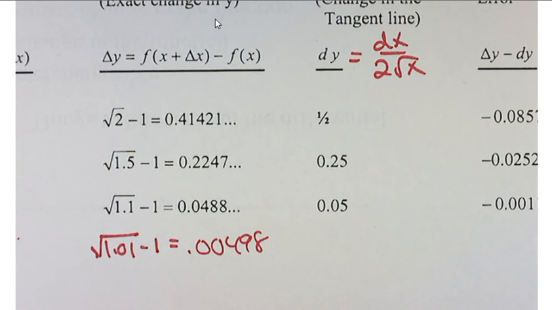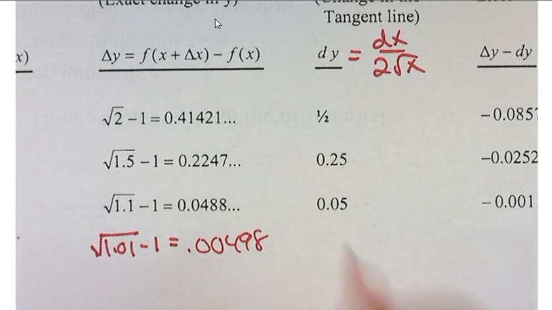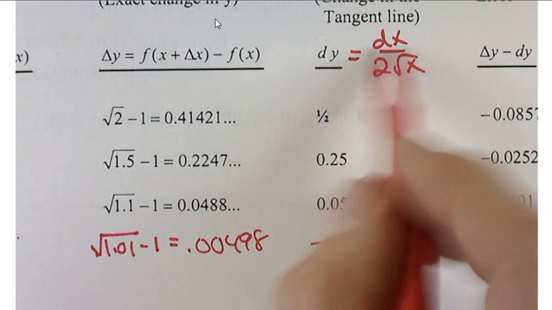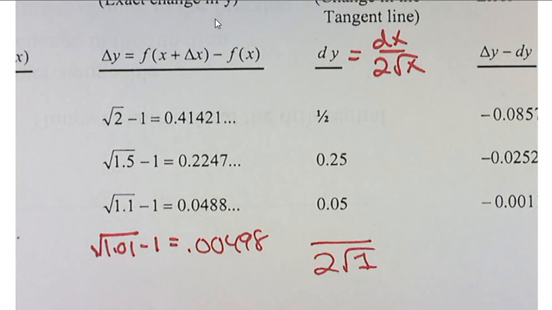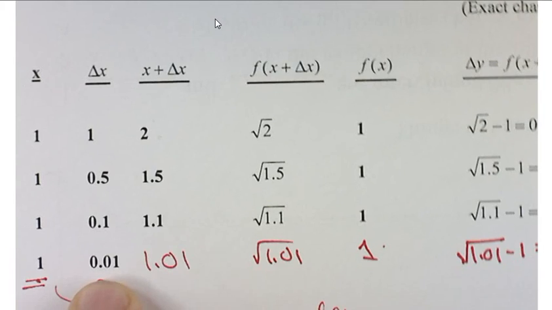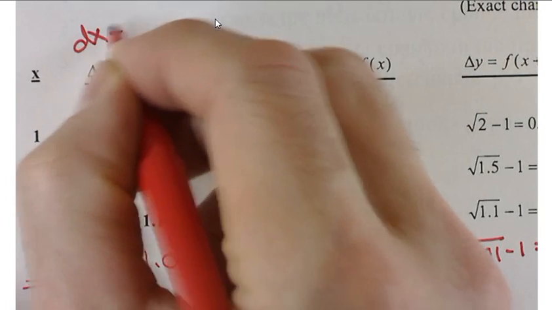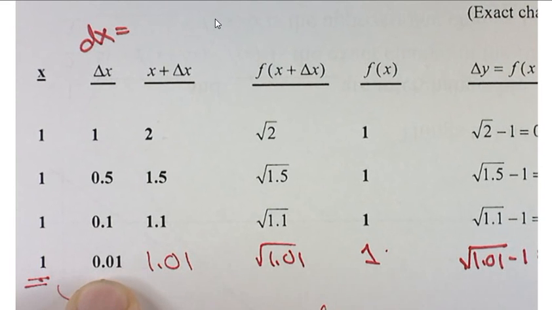What's dy going to be? So this is the exact change in the function. What's dy going to equal for us in this case? Well, 2 times the square root of 1. What's dx at this point? Good. It's going to be 0.01. Remember, dx equals delta x.